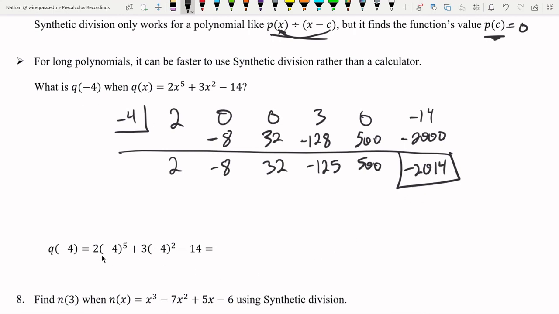And just to prove that, let's go ahead and calculate it the way we normally would. Negative 4 to the 5th power is negative 1024, times 2, plus 3 times 16, minus 14.